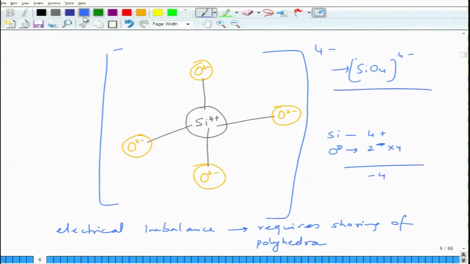So, basically if I just make a tetrahedra, this is the tetrahedra you will have, and then you will have one here. So, in between this tetrahedra, this will make a bond here, bond here, bond here. At the center you will have a silicon ion.